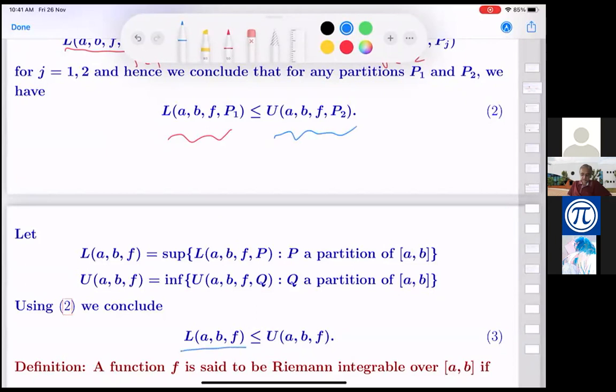So what we are able to show is that the lower bound is always less than or equal to the upper bound.